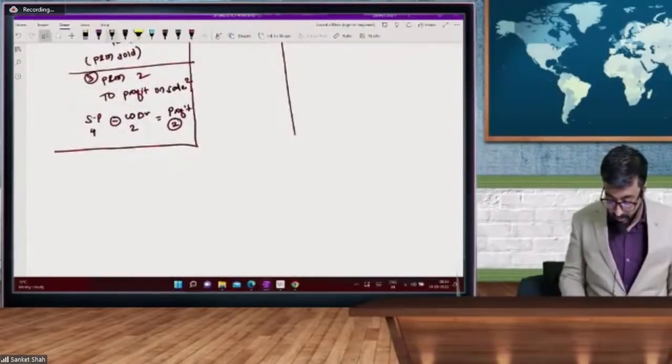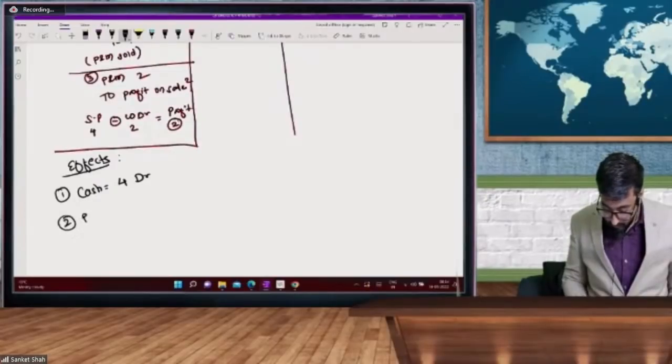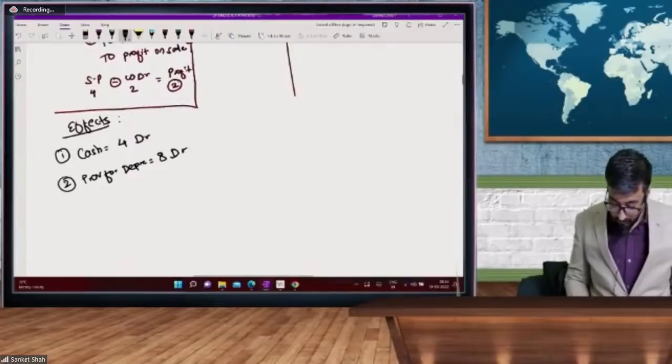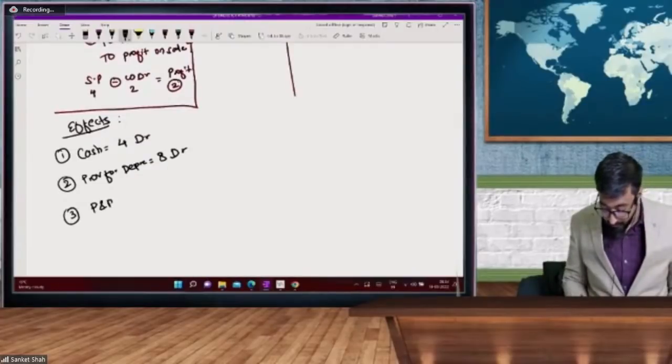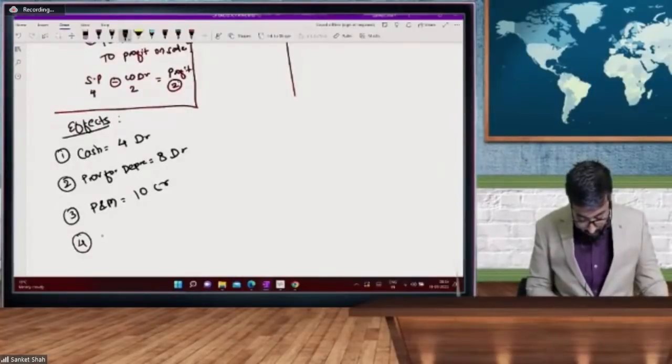So now here you are passing alternative effects. Now effects, I'm writing all effects here. Effects, number 1, cash 4 debit, provision for depreciation 8 debit, ultimate effect, plant and machinery 10 credit, and profit 2 rupees credit.